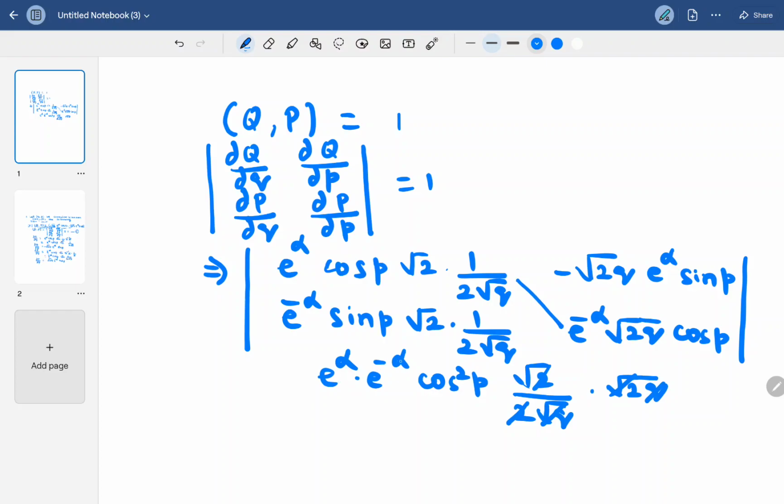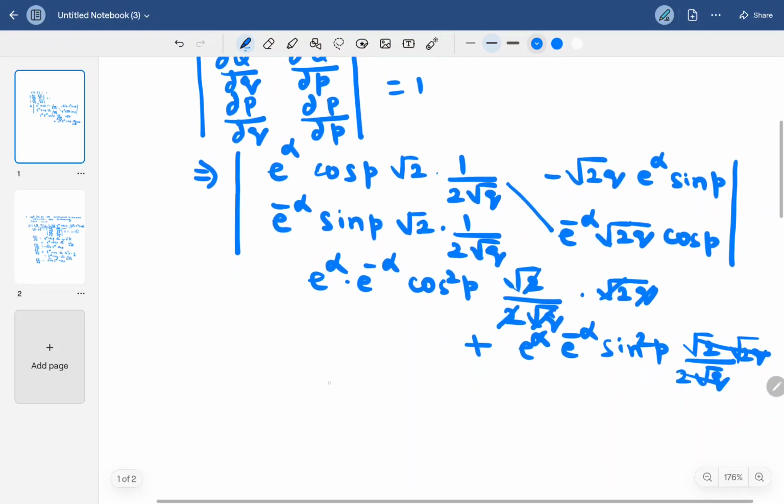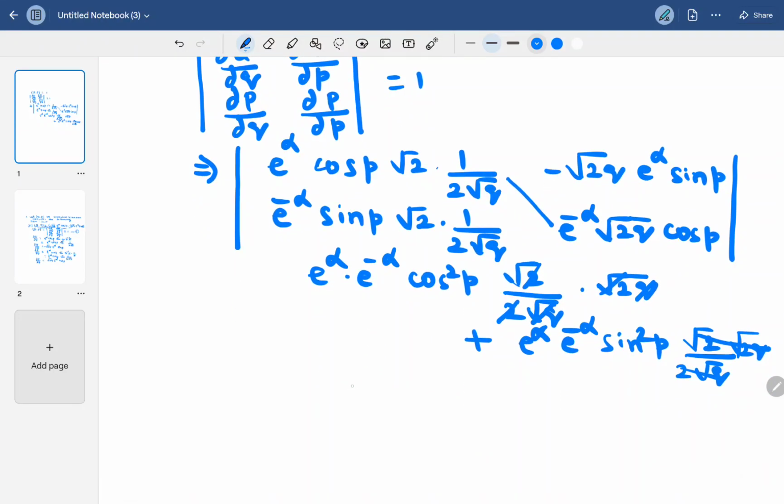E power alpha into e power minus alpha. This is the value for e power alpha cos p root 2 into 1 by 2 root q into e power minus alpha root 2q cos p. Minus of minus plus again e power alpha e power minus alpha sin square p root 2 by 2 root q root of 2q. Again numerator and denominator will get cancelled. E power alpha, e power minus alpha, e power 0, that is 1.